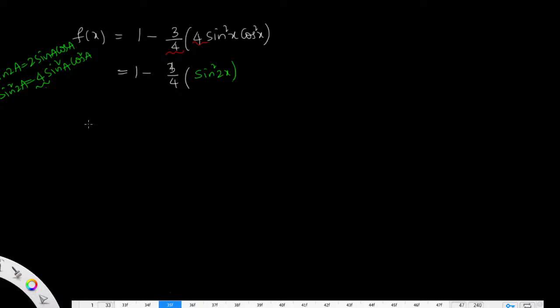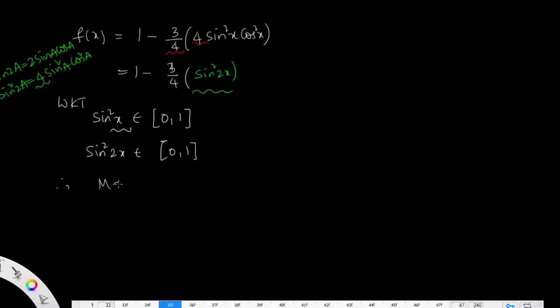Manivardhan, how did you get the value 1 by 4 and 1? Let us see, sin square 2x is nothing but, yesterday we learned that we know sin square x belongs to 0, 1 only. So sin square of 2x also belongs to the interval 0, 1 only. Sin of x in the place of 2x, any value of sin then belongs to 0, 1.